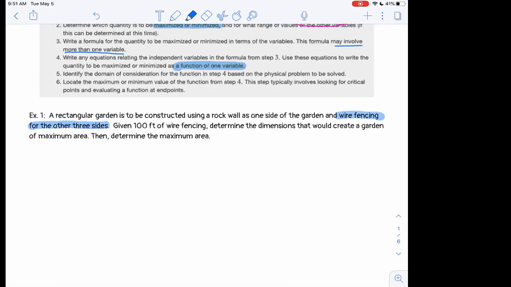Given 100 feet of wire fencing, determine the dimensions that would create a garden of maximum area. Then determine the maximum area. So there it is. We want to find the maximum area.